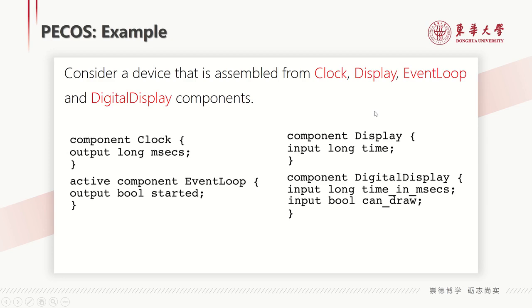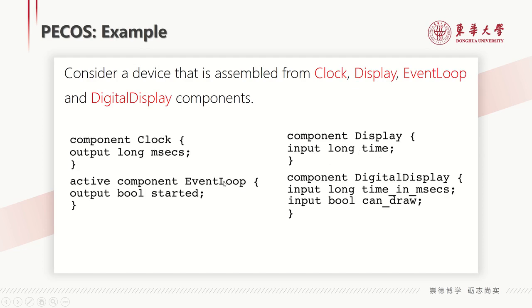So here is the example. Consider a device assembled from clock, display, event loop, and digital display components. For component clock, we're using the keyword component here. The output is a long data type, milliseconds. Component display's input is a long data type, time.